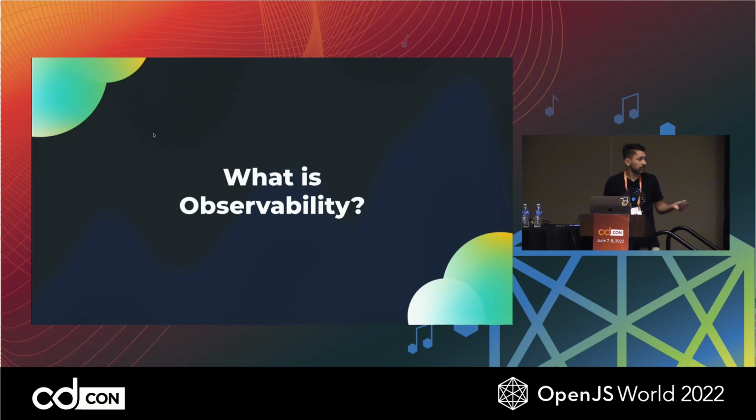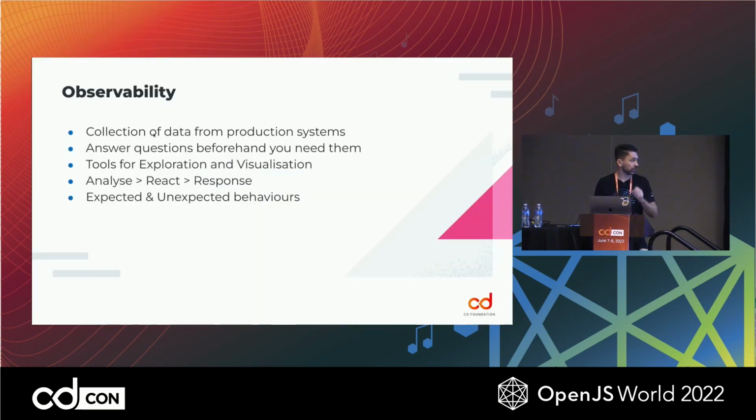The first question is, what is observability? Because we are talking about OpenTelemetry and observability. Other talks have mentioned it, but the vast majority of definitions out there say that observability is the collection of data in production systems. You get data that allows you to answer questions before you need them.